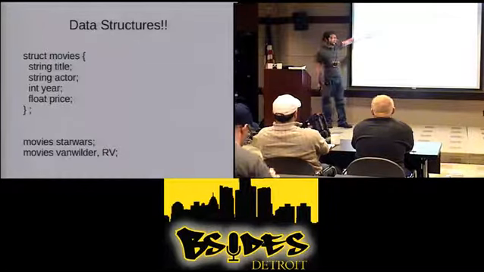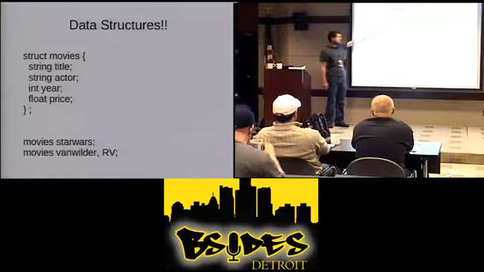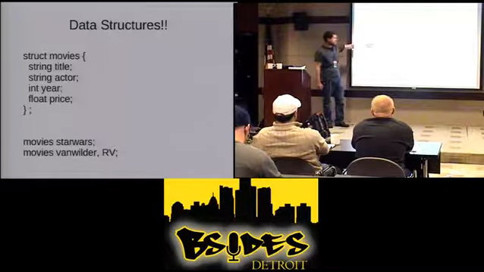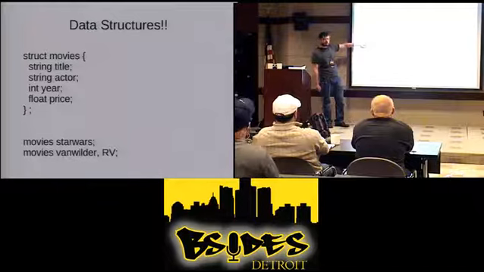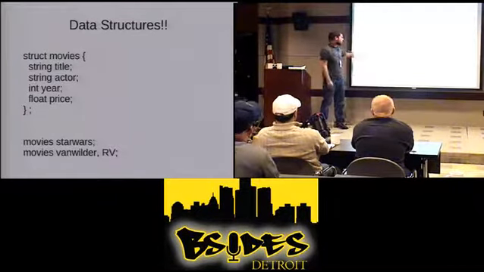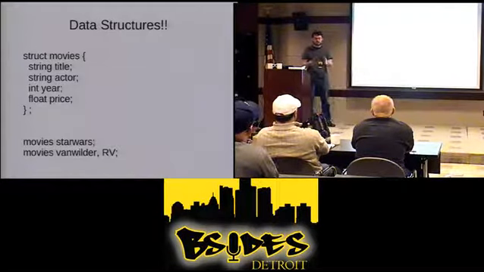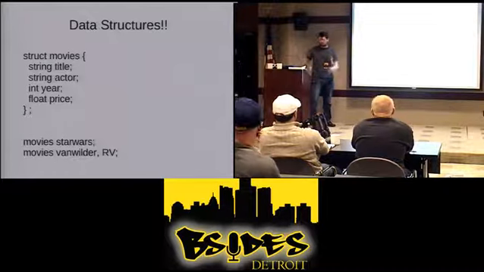It's going to be of type string, an actor string. So the name of the movie is going to be a name, which is generally what a string is. And the year, it's going to be of type integer. An integer is typically just a number. All right. The price is going to be a float. That's a number that can get some decimals after it.